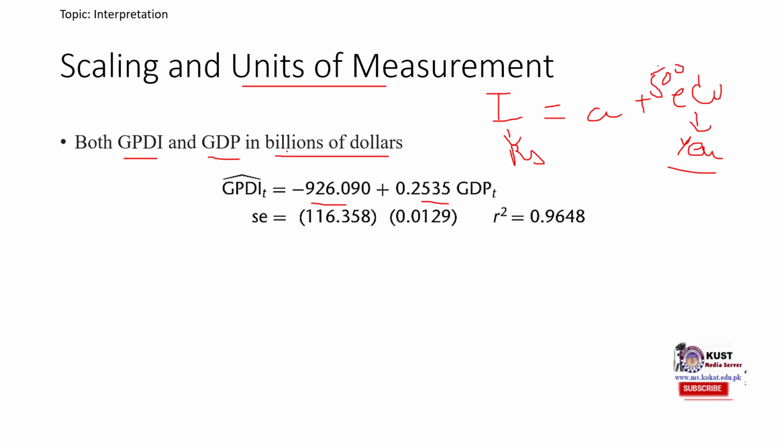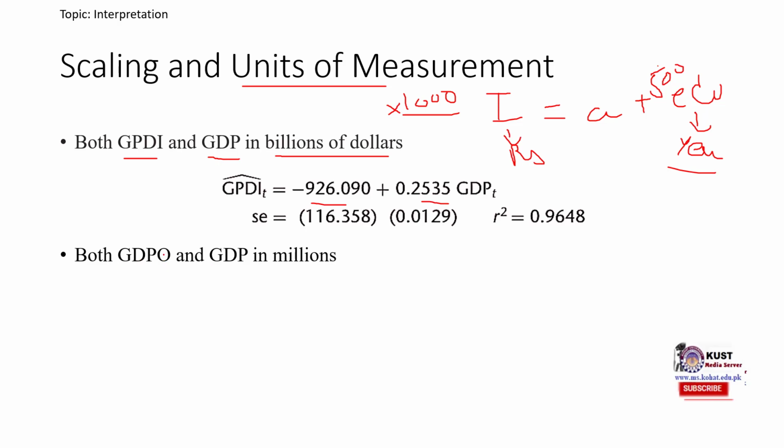Say instead of billions of dollars, we divided the whole independent variable series by 1000, so now instead of billions of dollars, we have millions of dollars. We multiplied it by 1000. So we changed the unit of measurement.